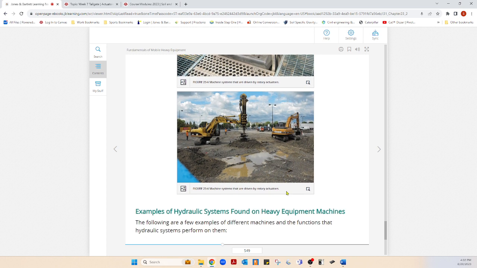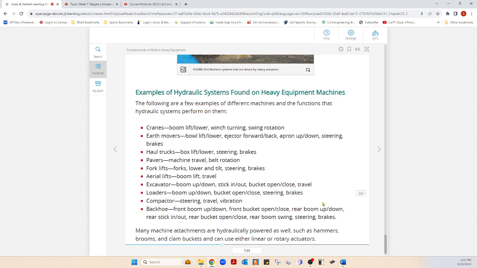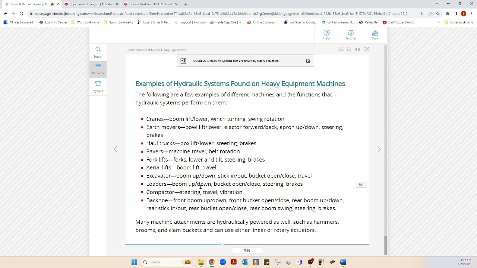And when we get to the, here's tons of them right here. All of this up and down, most likely linear. Boom up, down, front bucket open, close, linear.